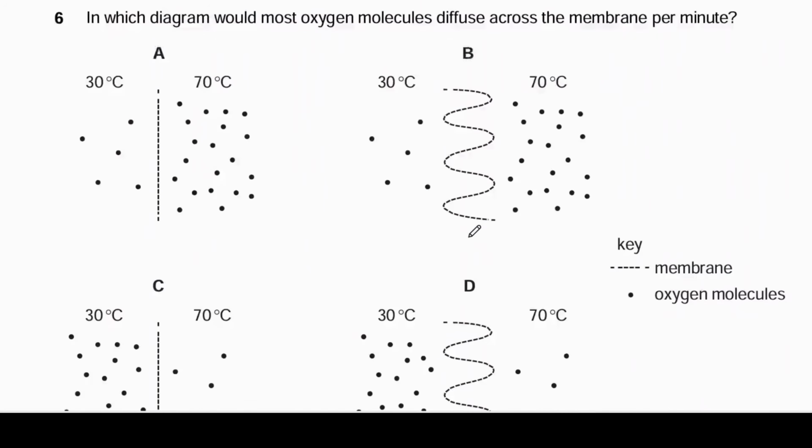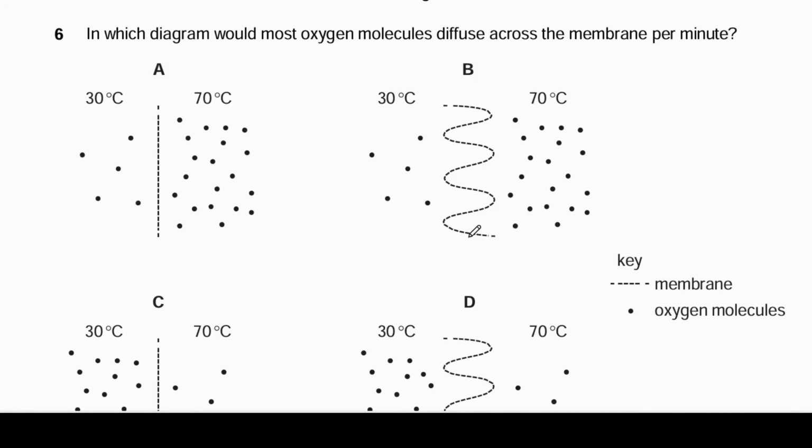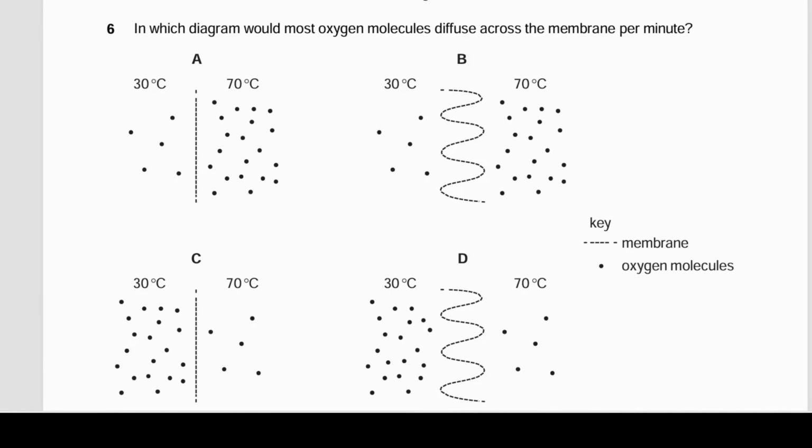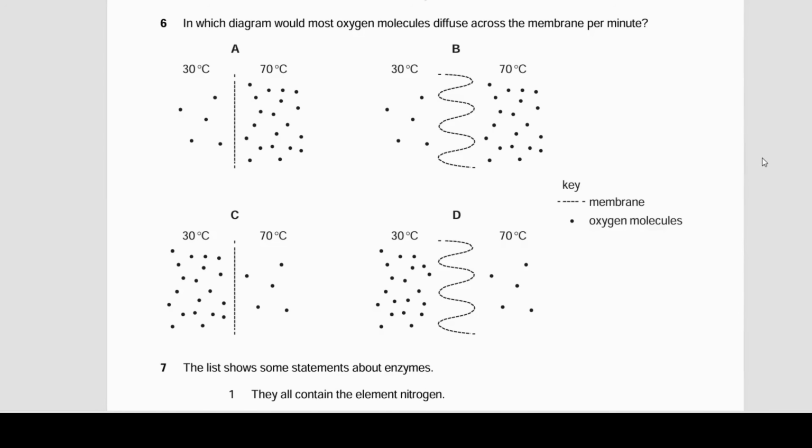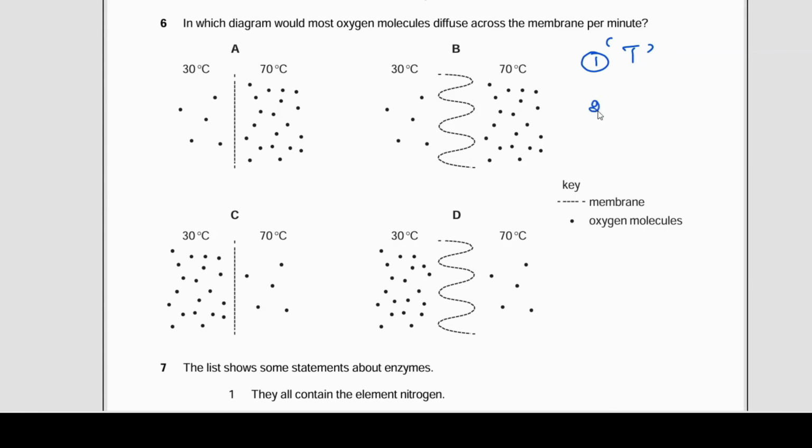In which diagram would most oxygen molecules diffuse across the membrane per unit time? Now there are certain factors involved in it. Number one is temperature, and number two is gradient. So these two factors should be included in your answer.